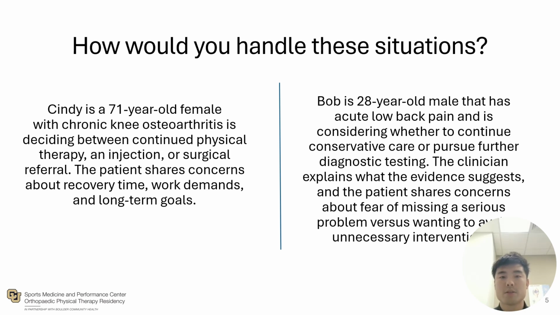How would you handle this situation? And this kind of sets the stage for shared decision making. Both of these are situations that are very real and some things that you might encounter on a day-to-day basis. And each clinician will probably have a different answer to how they would handle this.